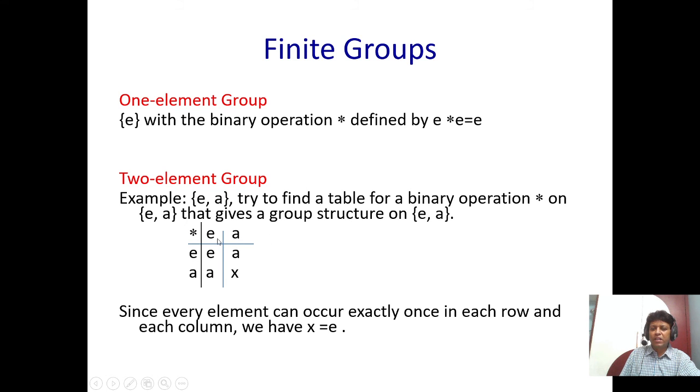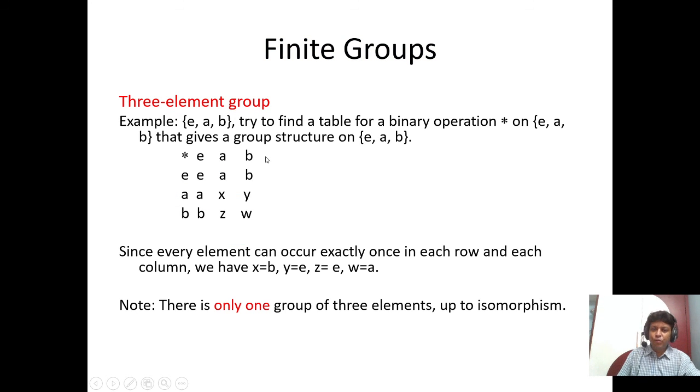E star E equal to E, E star A equal to A star E equal to A, and A star A equal to, suppose, X. You can easily show that this element occurs exactly once in each row, because this is a composition table property: each element occurs exactly once in each row and each column. So we must have X equal to E. That is the cross check. So this is the two element group.